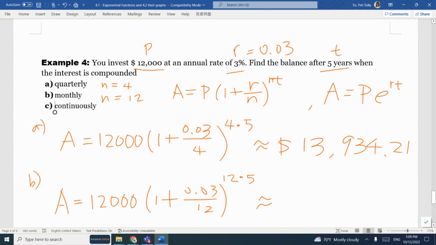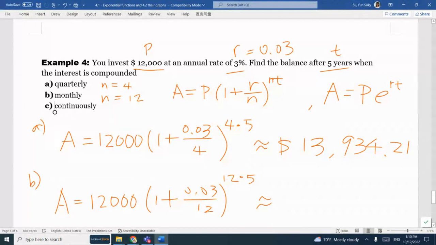Okay, so if you have your calculator, you can go up to the previous line and replace 4 by 12. You don't need to type the whole thing again. You can go up to the line, delete the 4 and insert the 12.